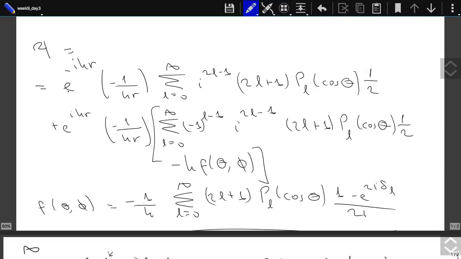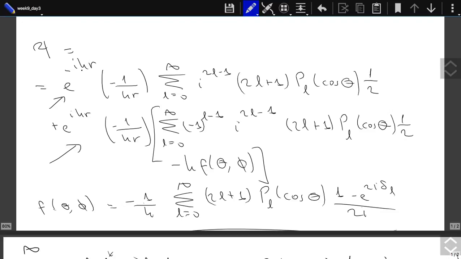We are sending an ingoing wave, and then it comes out as an outgoing spherical wave. The only thing that actually happens is that this ingoing wave becomes an outgoing wave with a phase. There's this phase shift. In fact, whatever potential you take, that's the only possibility.